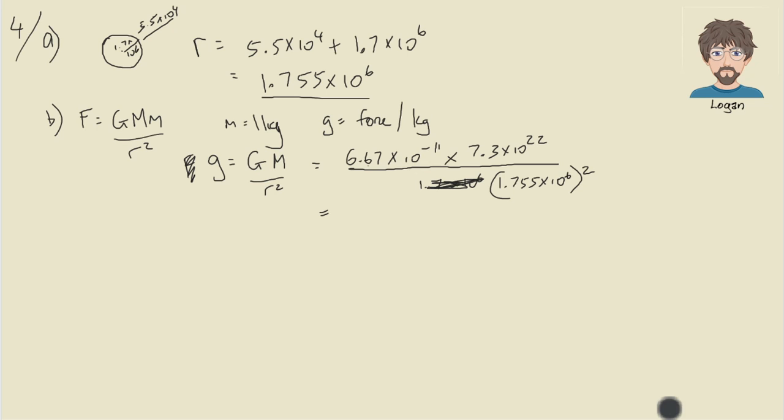I'm just going to do it in 2 steps to make it less likely that I'll make a mistake. 4.8691 times 10 to the 12, divided by 3.08, and then there's a 0025, but those extra zeros are going to be pointless, I think.